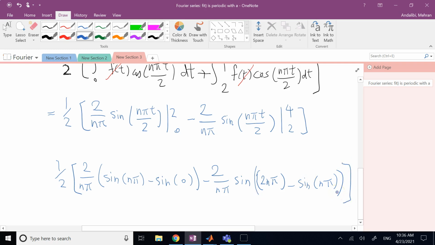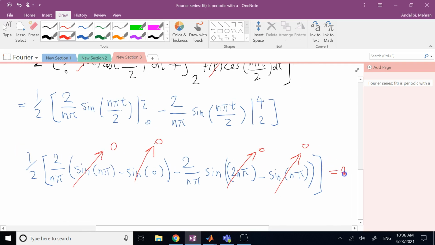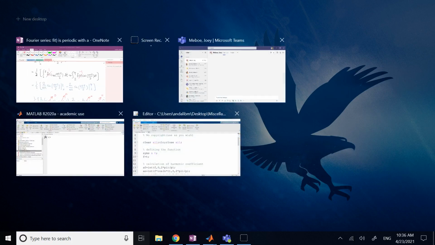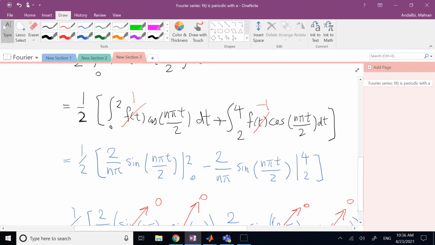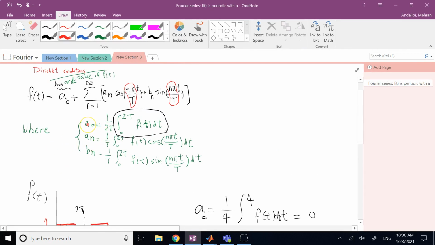Okay, so you know sine of 0 is 0. Sine of n pi for any natural number n times pi, 1 pi, 2 pi, 3 pi, they're also all 0. The same thing happens here, and 2n pi. Everything is 0. So the answer is going to be 0. So cosine for here, it is going to be 0 coefficient behind it. ANs are all 0. A naught is even 0.